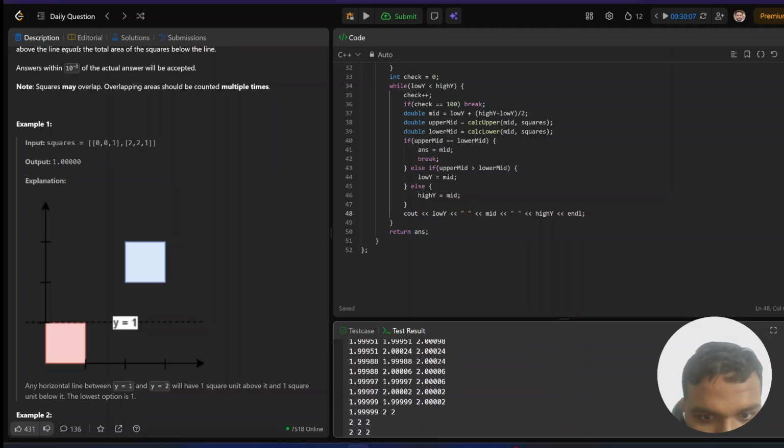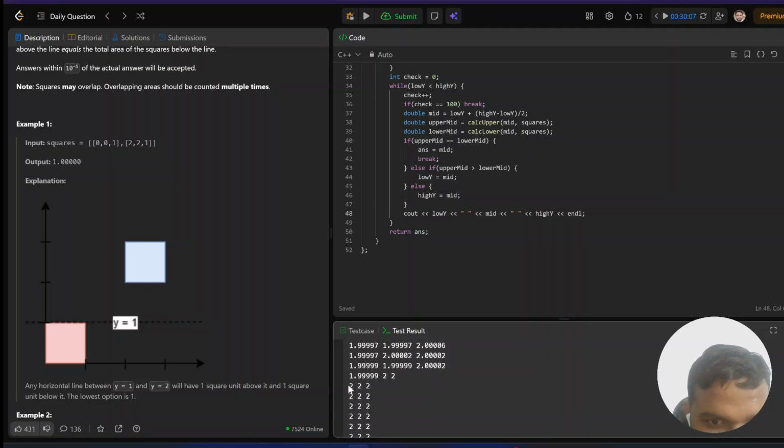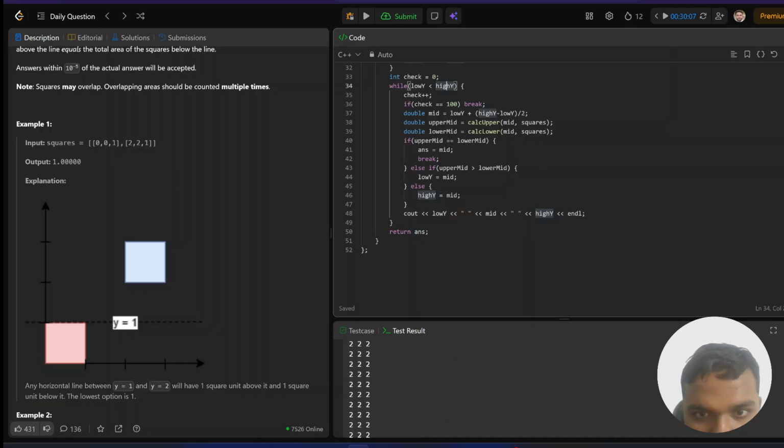At that point it becomes 2, 2. After that 2, 2, 2. If low is 2 and high is 2, and the condition is low I is less than high Y, then why does the loop not break out? That's the question.